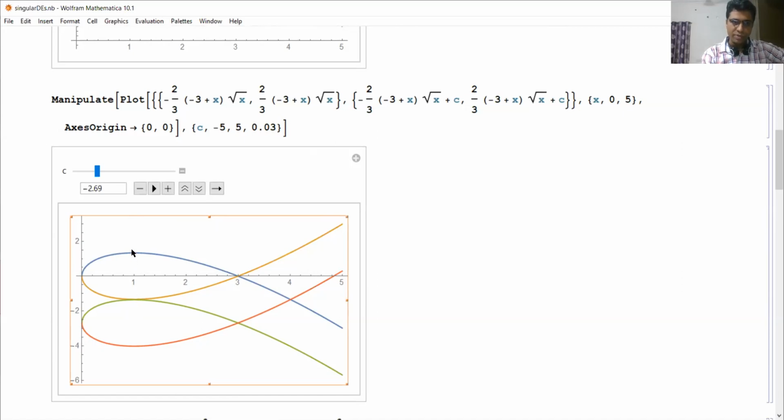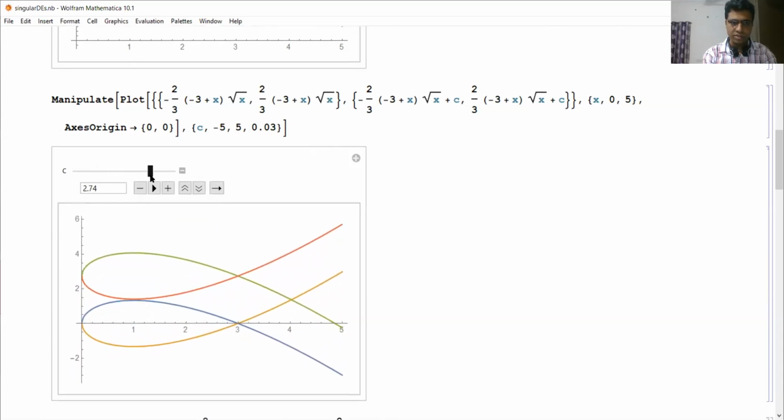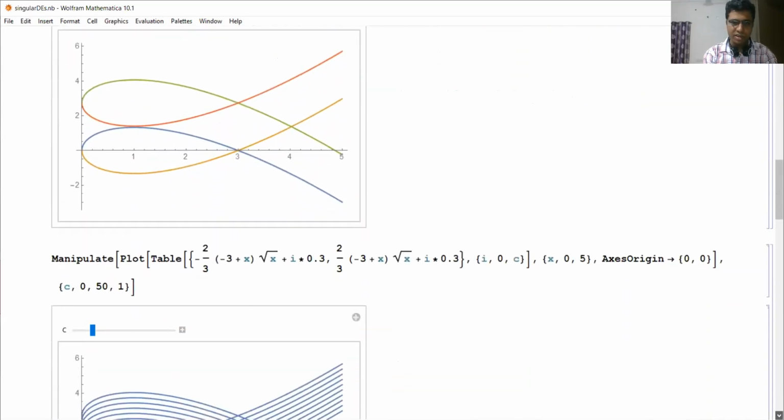So that means the vertical line x equal to 1 will form the tac locus, and the line x equal to 3 forms the nodal locus, because at each point we will have a solution curve with a node at this point. Okay, so in fact we can sketch several curves at a time.